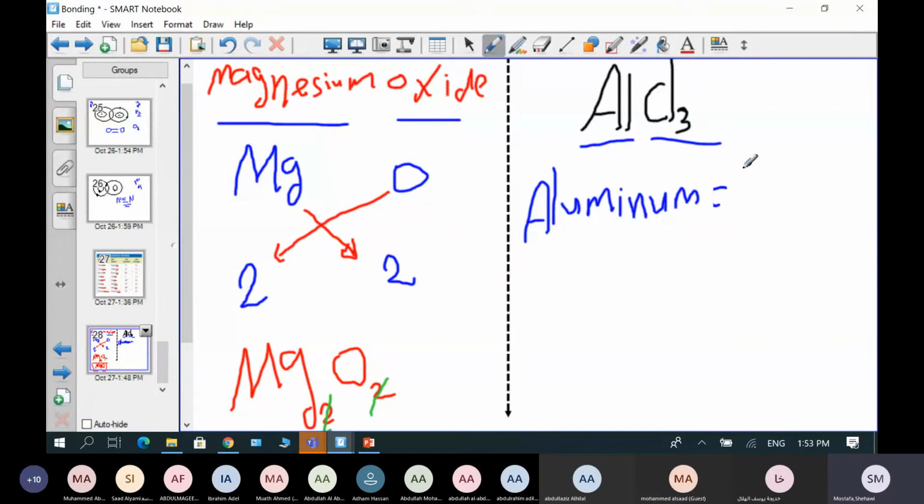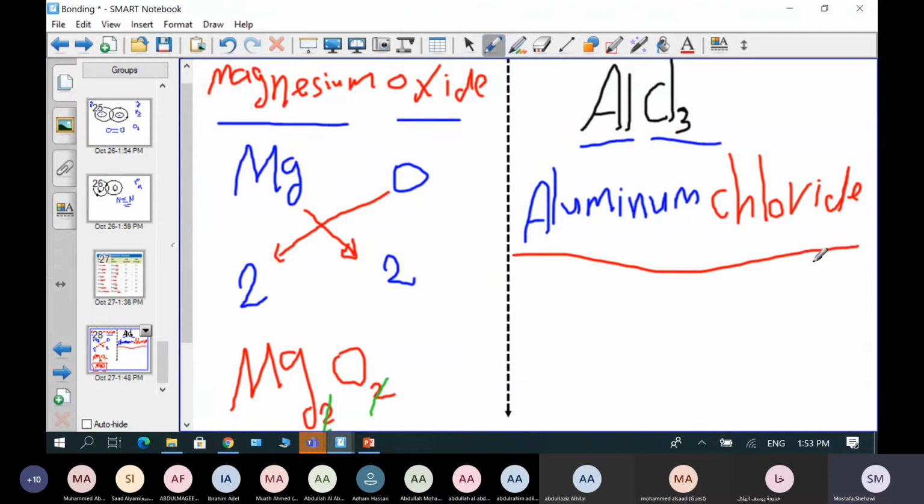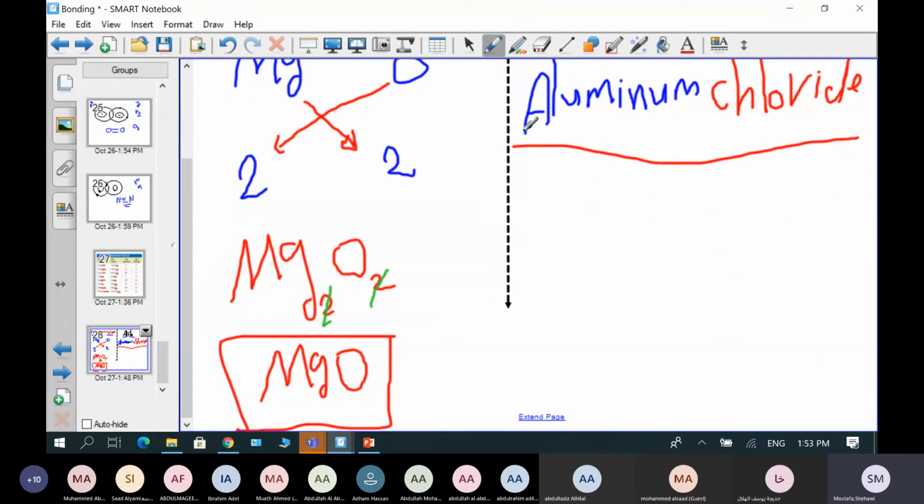So it will be aluminum chloride. That is the first, or the simplest, form of ionic compound.